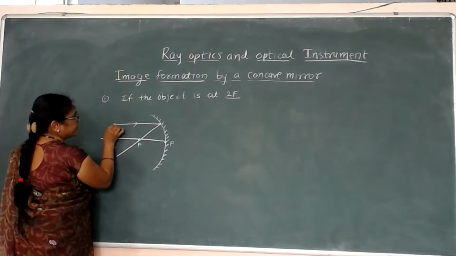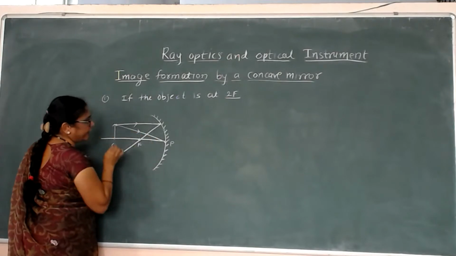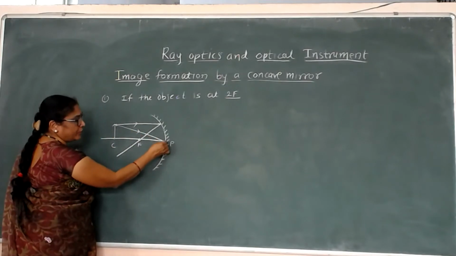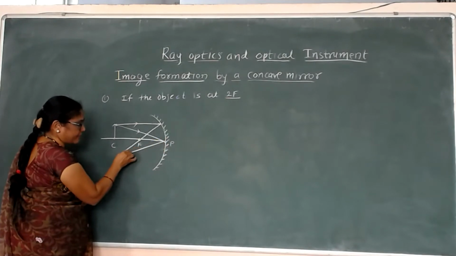To find the image, take another ray which is incident on the pole, give the arrow mark, and from the pole the ray of light is reflected and an image is formed.